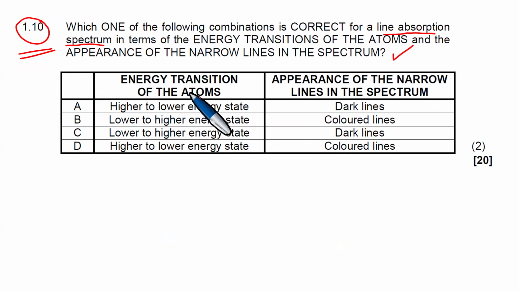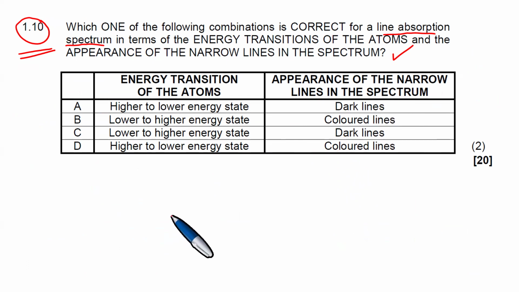Right, so the energy transition of the atoms will be higher to lower energy state, lower to higher energy state, lower to higher energy state, higher to lower energy state. Appearance of the narrow lines in the spectrum would be dark lines, colored lines, dark lines, colored lines. Just dark, colored, that kind of alternation.